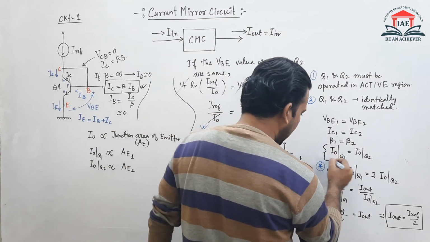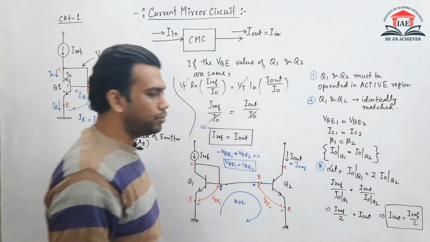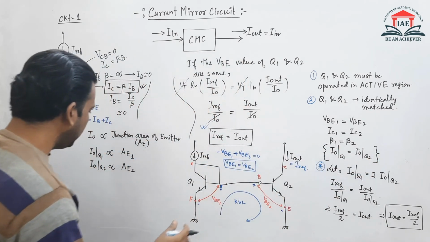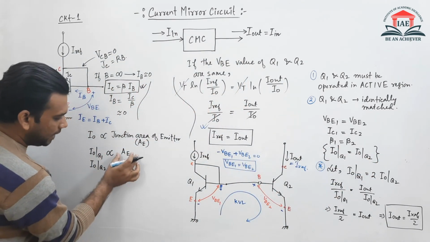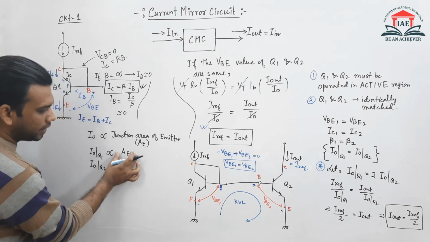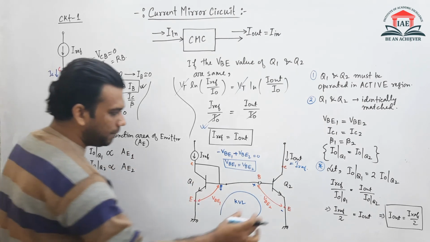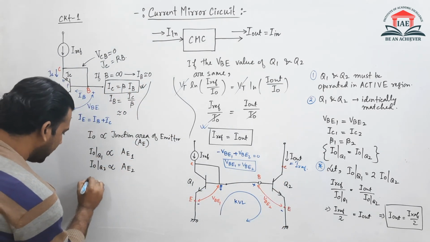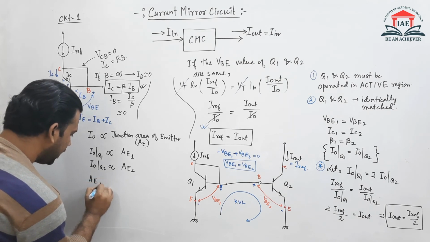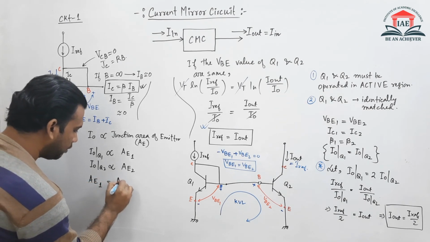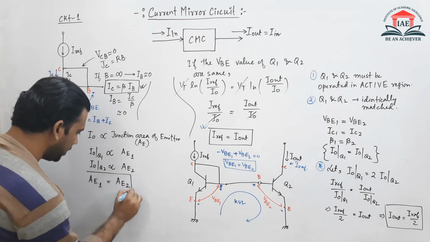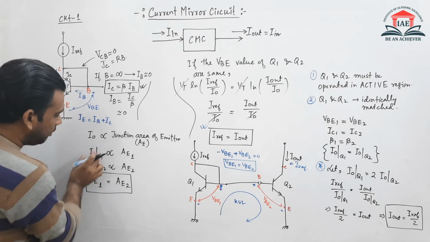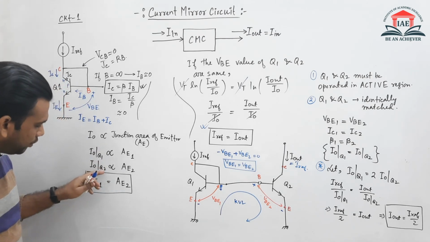Requirement is that the I0 of Q1 and I0 of Q2 should be same. So if the I0 of Q1 and Q2 is same, then the emitter junction area of the Q1 transistor and the emitter junction area of the Q2 transistor should be equal. So AE of Q1 transistor should be equals to AE of Q2 transistor. If it happens, then only I can say that the I0 of Q1 and I0 of Q2 will be equal.